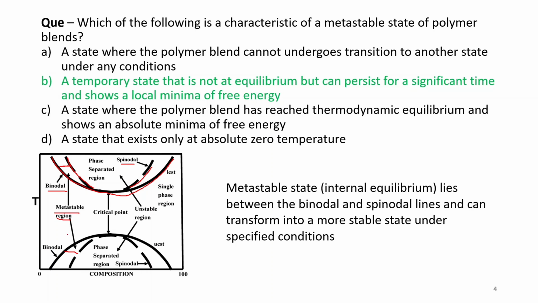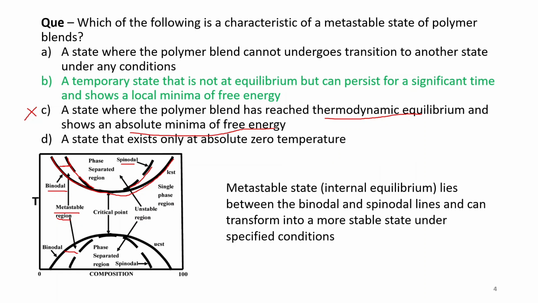So option C is incorrect because it is signifying the stable state where the polymer blend is in the thermodynamic equilibrium state and showing an absolute minima, not the local minima of free energy. When there is an absolute minima of free energy, that is the stable state.